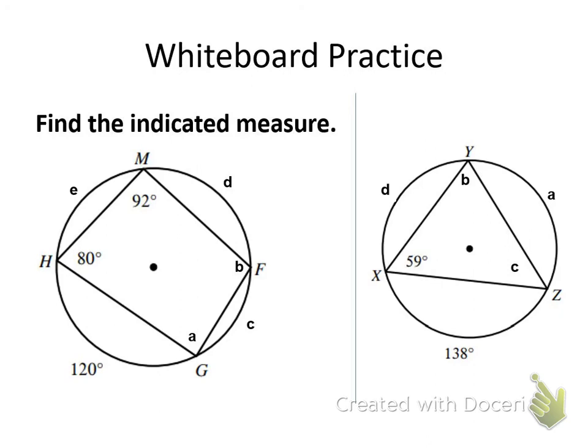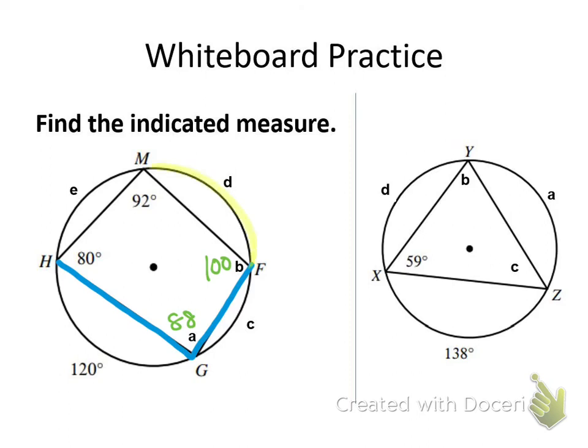Here's what you need to notice. I'm not going to give it away. I'm just going to go around and show you what you would do. You should get A is 88 and B is 100. Remember what you learned about intercepted arcs. So here's 88. What is the intercepted arc for 88?